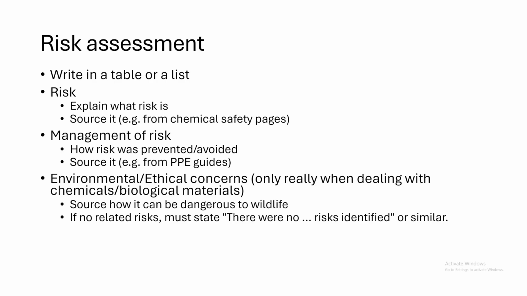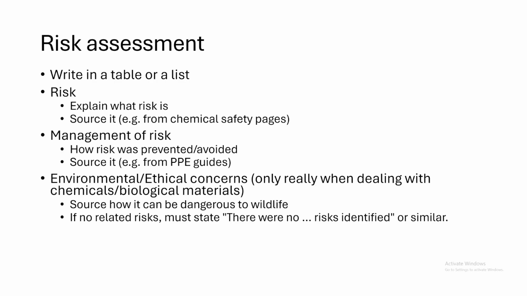Now, each individual aspect of the risk assessment is sort of straightforward. The risk is essentially what's dangerous about it. Like, if you're dealing with chemicals, if you're dealing with electricity, if you're dealing with, I don't know, bacteria, those are potential risks. Now, management of risk is how you prevented, avoided it, how you planned to deal with the chemicals or bacteria in a way that didn't risk your health, and you need to source these.